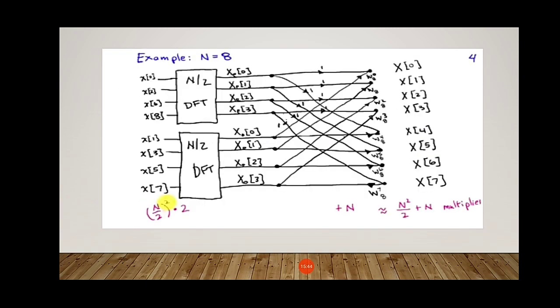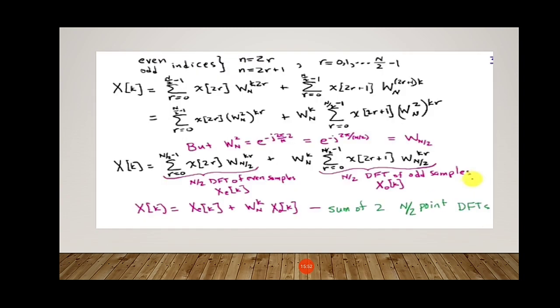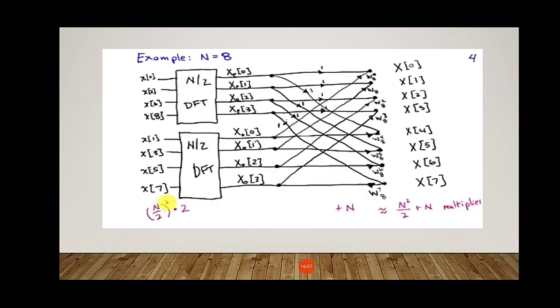Similarly, we would have X1 as x even 1 plus W_8 to the power 1 into x odd 1. In this way, we draw the whole diagram.